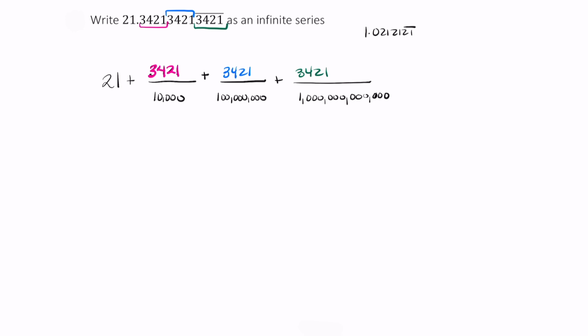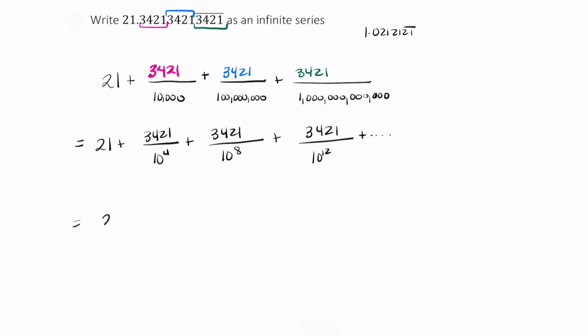So clearly this is easier to write if we use powers of 10. So this is 21 plus 3,421 divided by 10 to the 4th plus 3,421 divided by 10 to the 8th plus 3,421 divided by 10 to the 12th. And so our series will look like this: 21 plus the sum from n equals 1 to infinity.